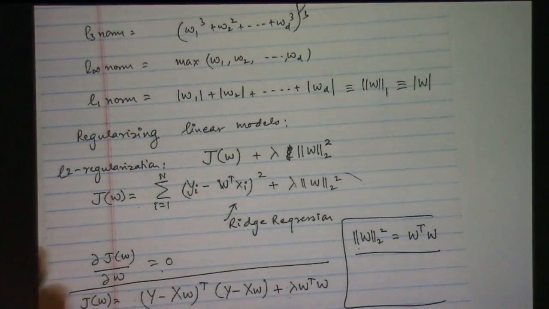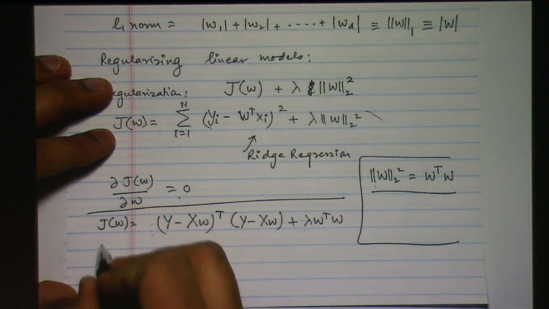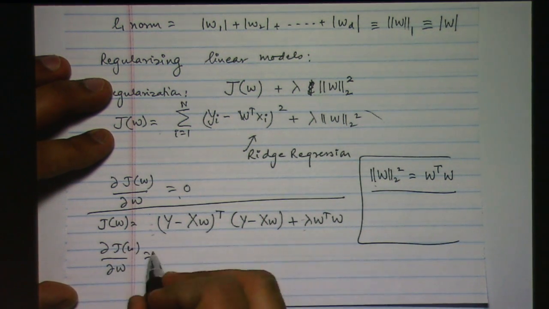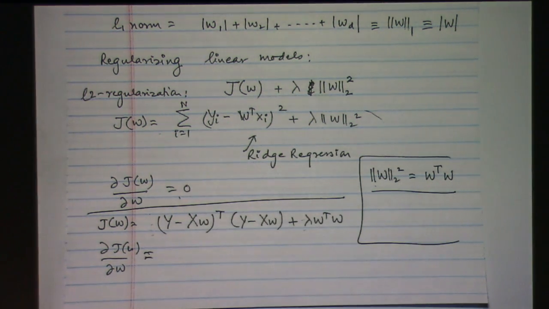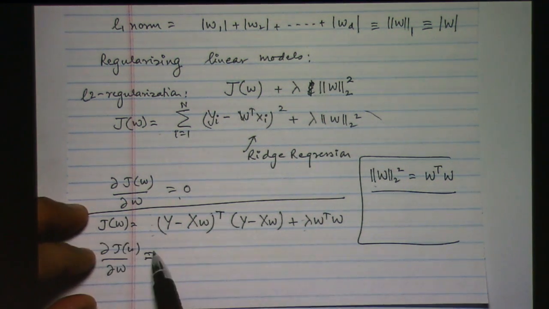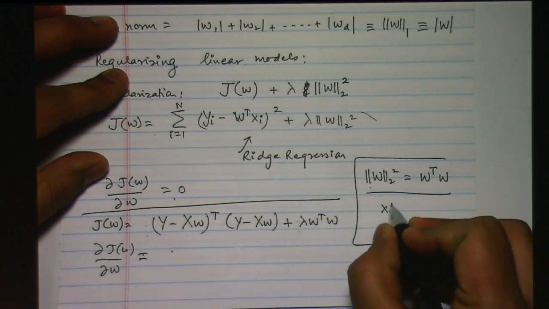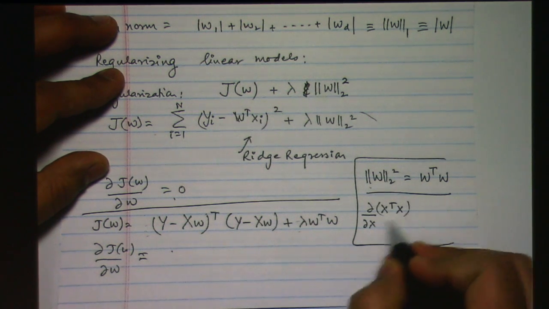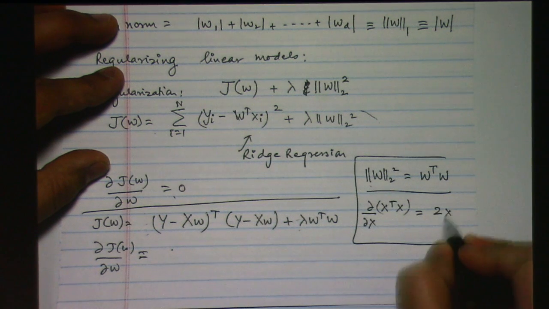You usually put a half here because when we do the derivative, the 2 gets cancelled out. Anyway, what we do is compute dJ(w) by dw. You can think of this whole thing as a vector. Remember, if you have d by dx of a vector dotted with itself, it is 2x.